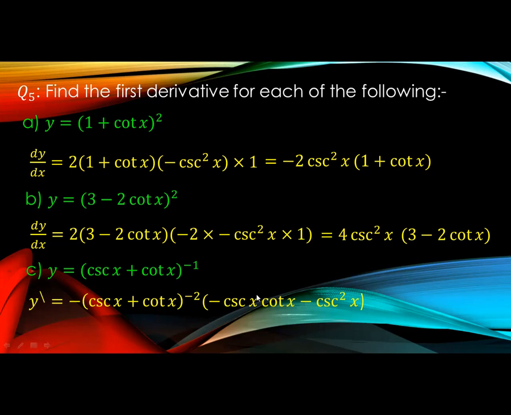The derivative of cosec x is negative cosec x cotan x, and the derivative of cotan x is negative cosec square x, times the derivative of the angle that is equal to 1. We can simplify this expression by taking negative as a common factor from the second factor and multiplying by the first negative, so the final result will be cosec x times (cosec x plus cotan x) all to the power negative 1.